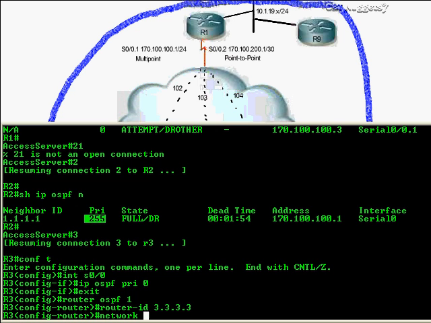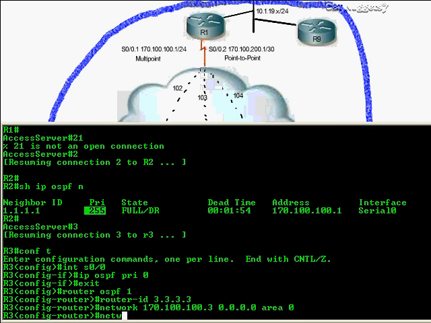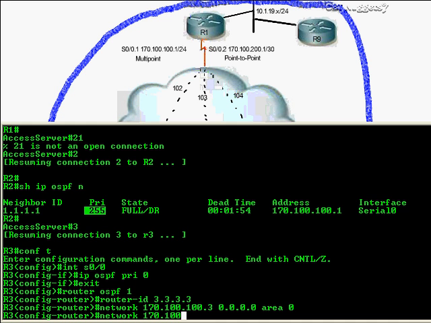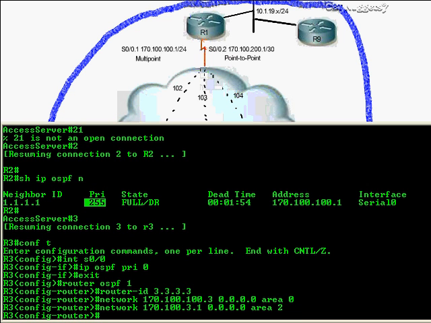Now, if I get those jumbled up, I won't be surprised. 170.100.100.3, area 0, network 170.100.3.1, area 2. Okay, so we should be good there.